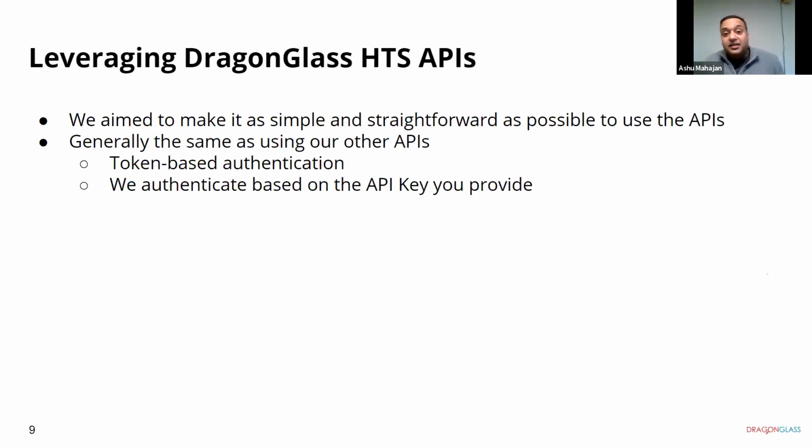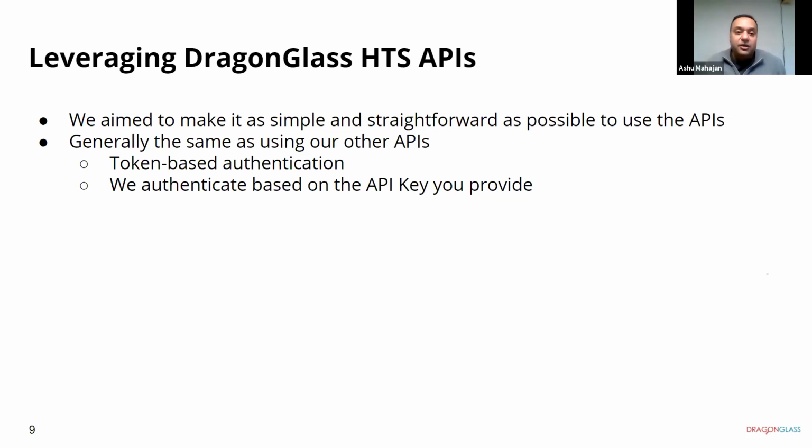Leveraging DragonGlass HTS APIs is the same as what I'm going to walk you through, like how you can actually get an API token and use DragonGlass APIs. It's similar to what you would do to access transactions or other details on DragonGlass.